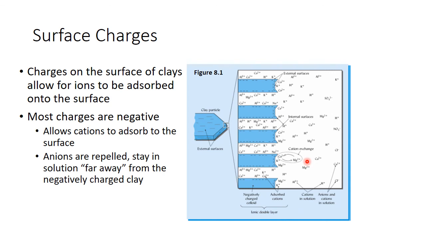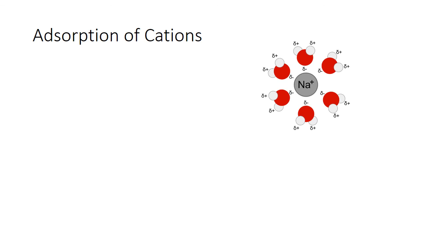So we get this process called cation exchange, where cations are exchanging their locations on that colloid. And most of the charges on clays are negatively charged. So we can think of these colloids, these clays, as just large anions, and they're swarms.